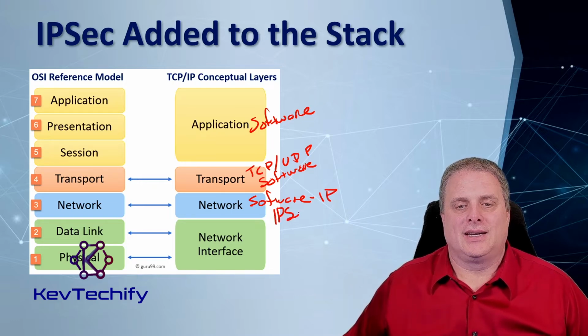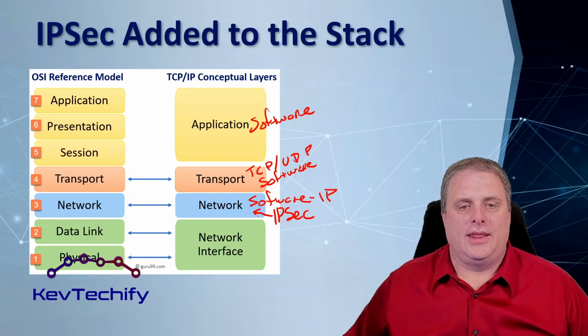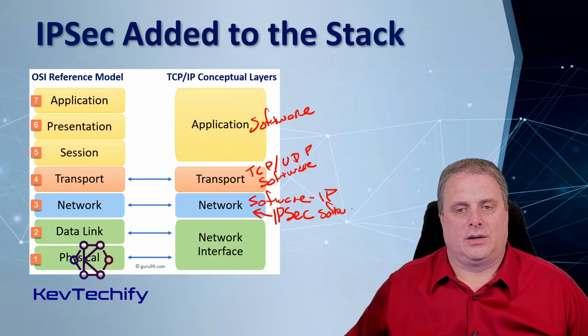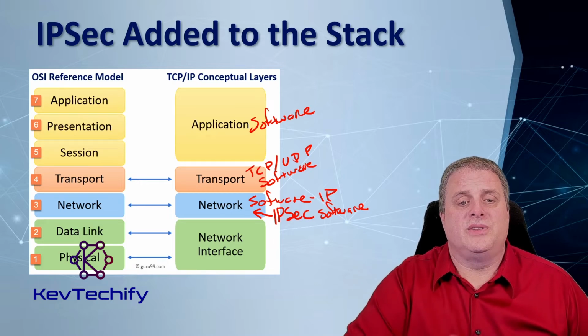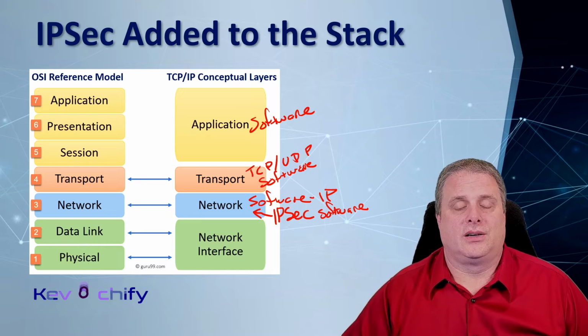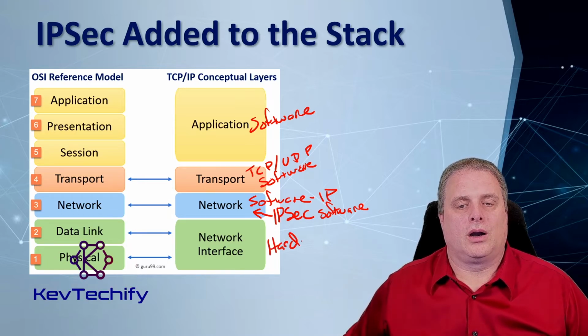IPsec is added here at the network layer, and that is also implemented at the software layer. In comparison, below the network layer, we have the data link layer and the physical layer, which are implemented here in hardware.